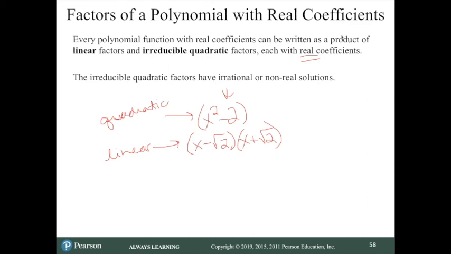Okay, and the non-real solution we just saw, but I'll do a simpler one, x squared plus 4. This is a sum of perfect squares, so it factors into x plus 2i times x minus 2i. So these would be linear, and again, that would be the irreducible quadratic form.